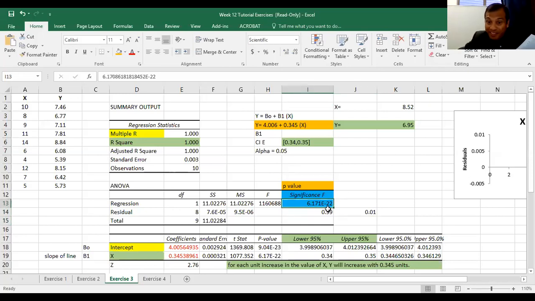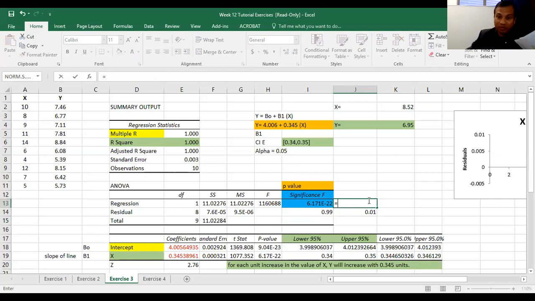If I'm assuming that 6.17 E minus 22 is 0, and I subtract it from 1, how much will I get? 1 minus, I'm saying that this part is 0. So 1 minus 0, how much will it be? 1. See, it's coming 1. So that is the confirmation.